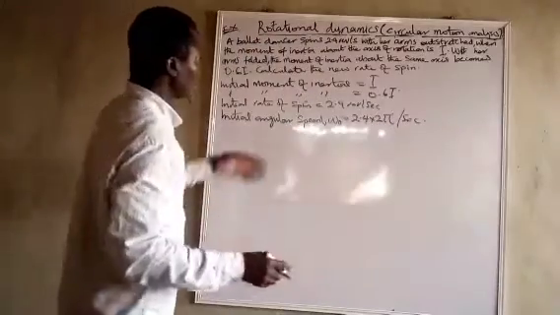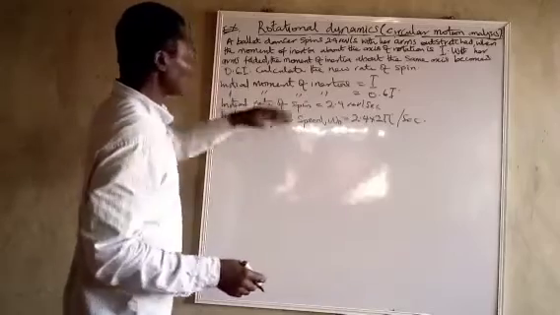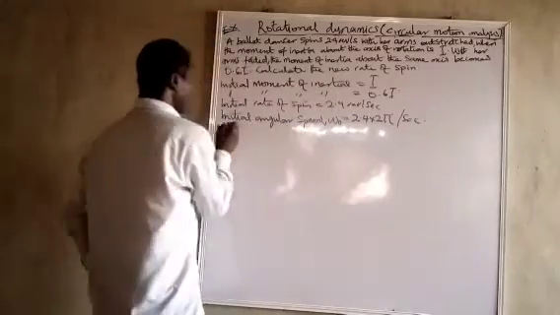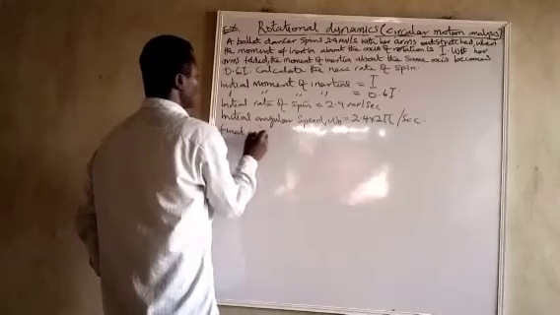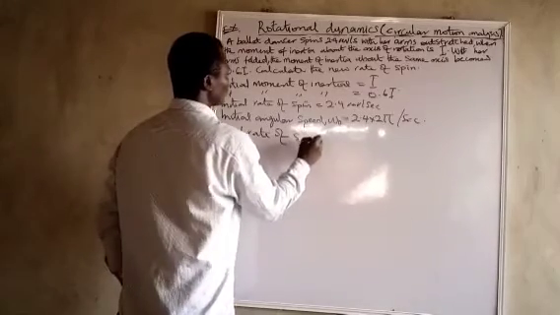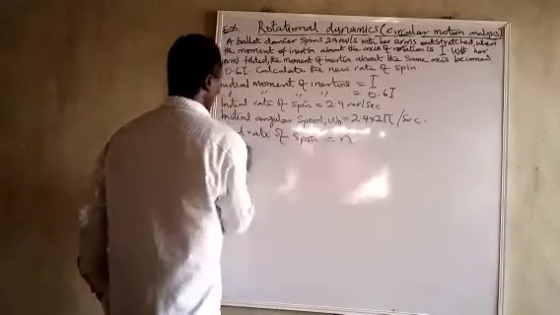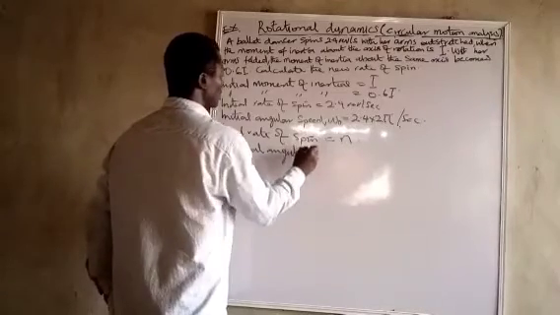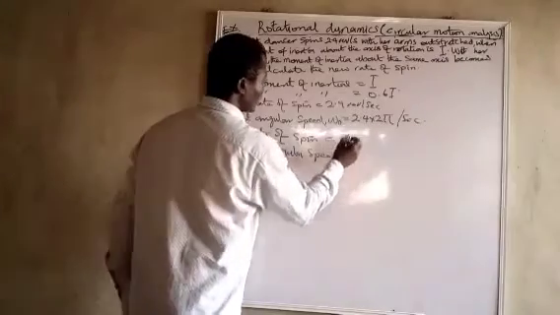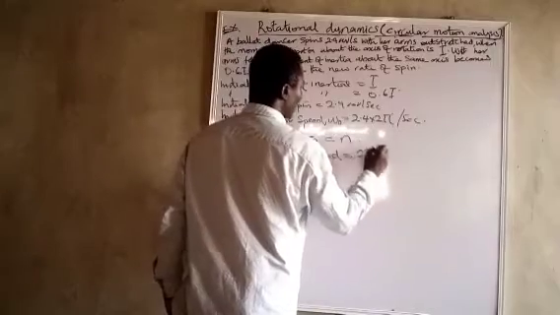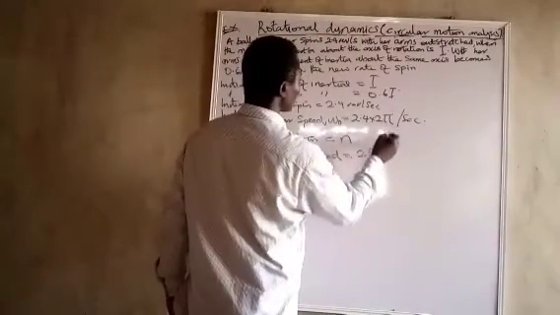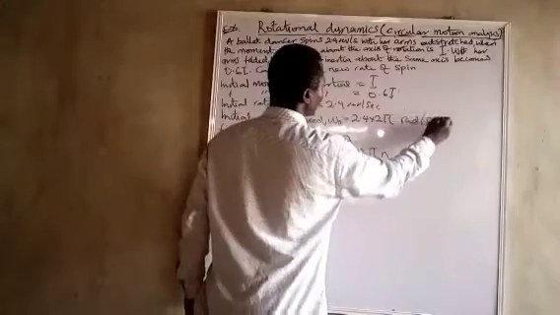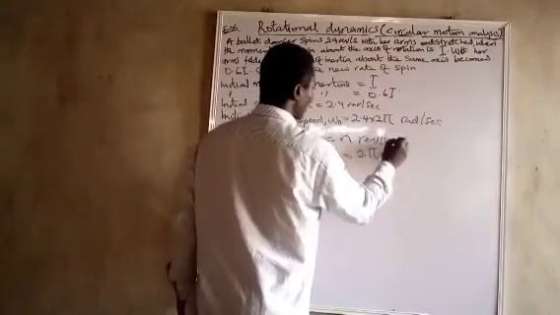So we are now asked for the final rate of spin. Final rate of spin is equal to n. Therefore, final angular speed is equal to 2 pi n, in rad per second, where n is in revolutions per second.